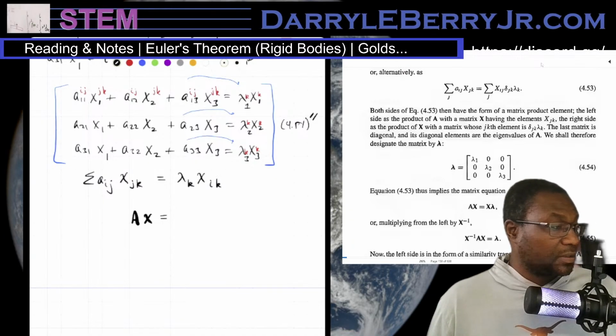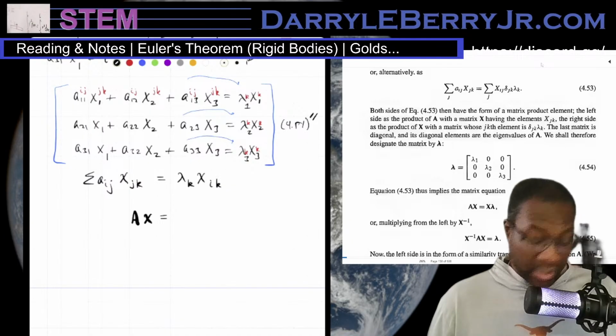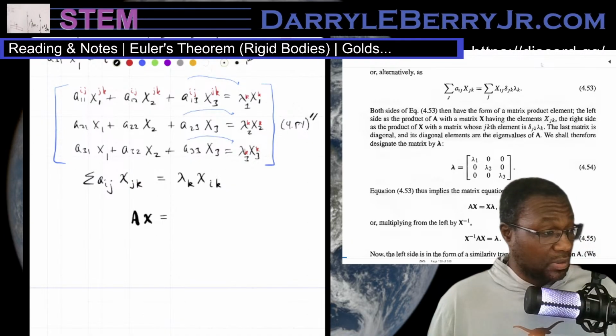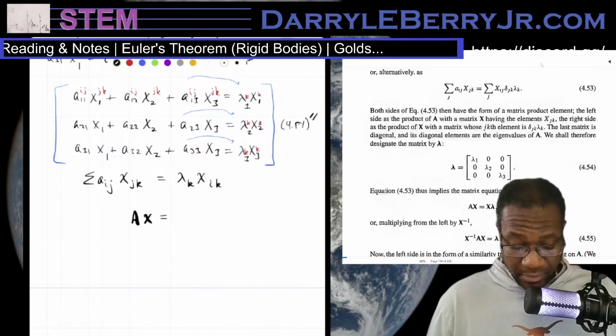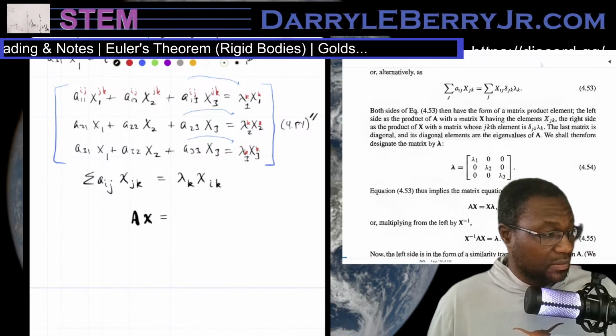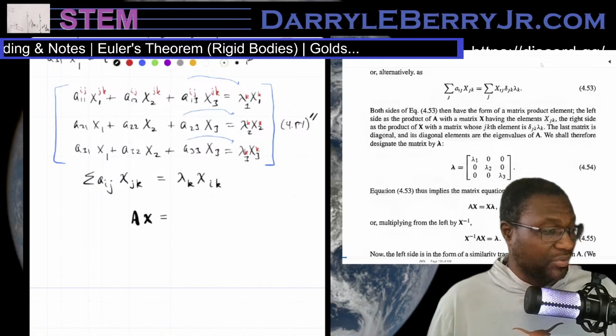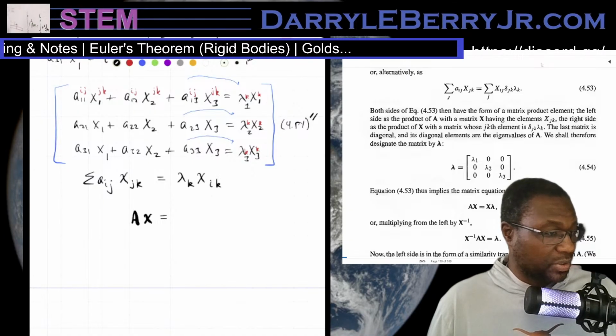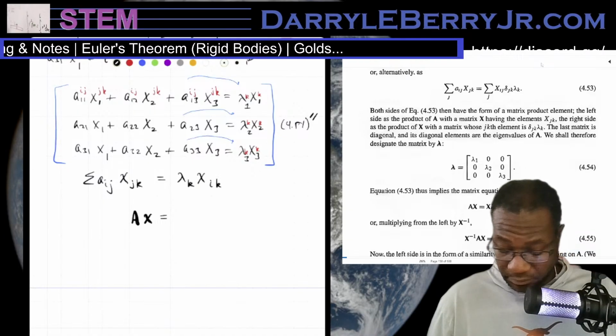The left side is the product of the matrix A with X, having the elements x_jk. The right side is the product of X with the matrix whose jk element is delta_jk lambda_k.